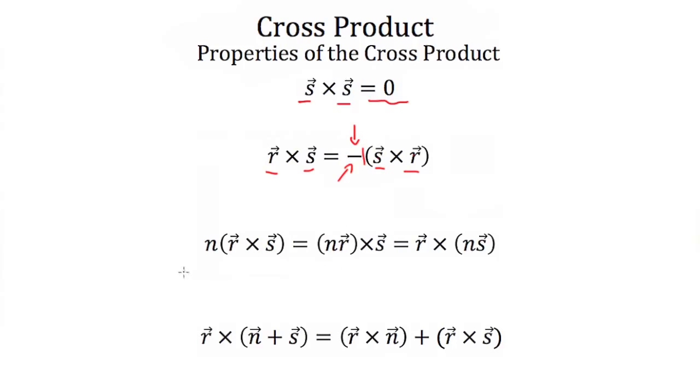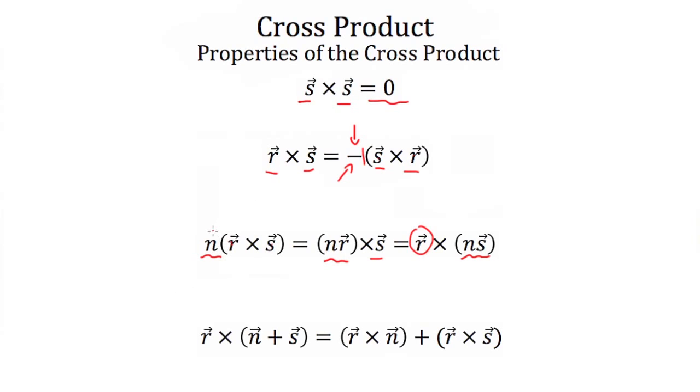Now if you multiply a scalar, or you can think of that as a number, by the cross product of two vectors, that's the same as multiplying one of the vectors by that number, and then crossing it, or you can multiply the second vector by that number and cross it with the first vector. What's important to realize is we're taking the cross product of two vectors and multiplying it by some number.